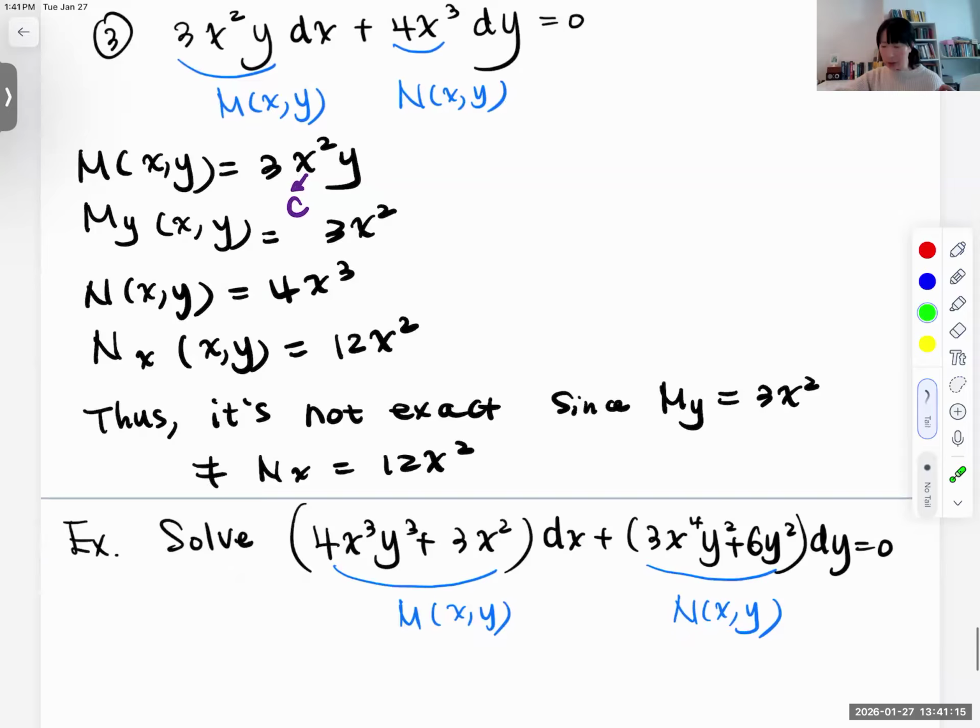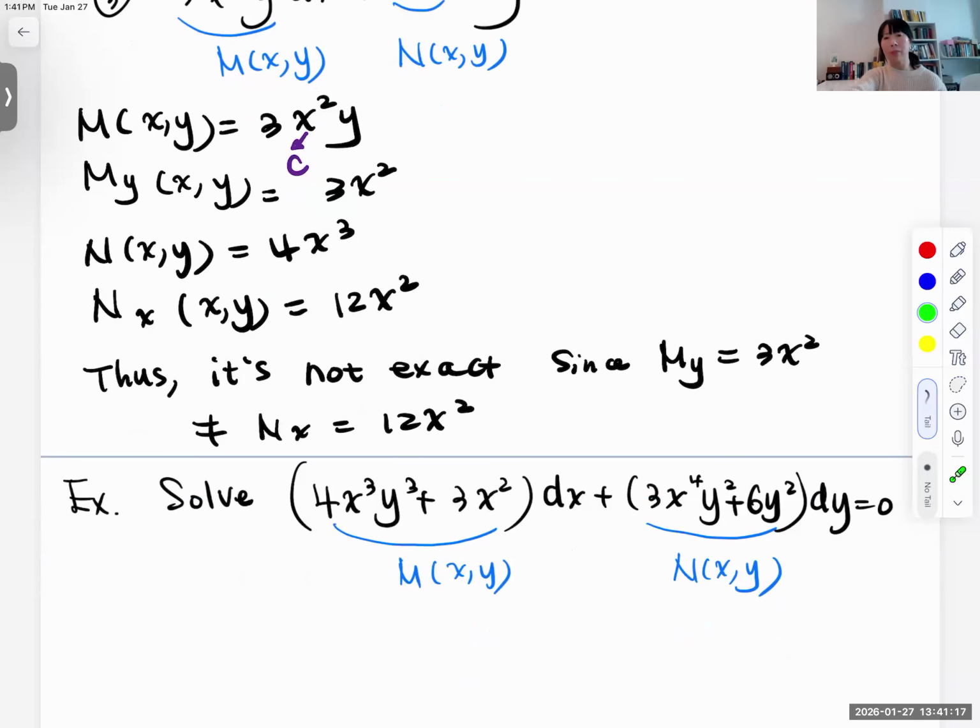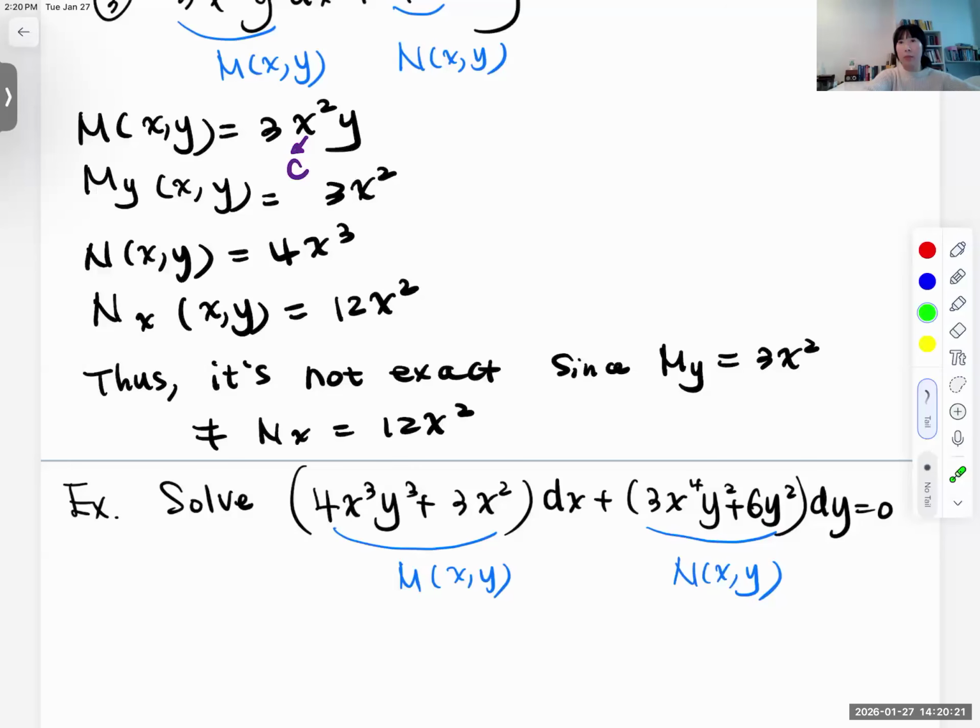Oh, one more. Okay, so this will be the last question for this section. Solve. We have an equation equal to 0, right? So we knew this is m of xy, and this one is n of xy, right?